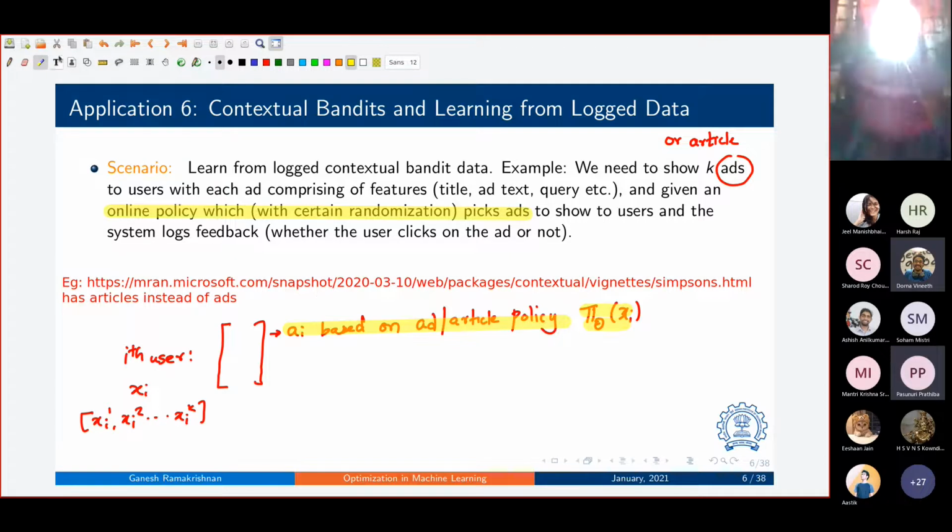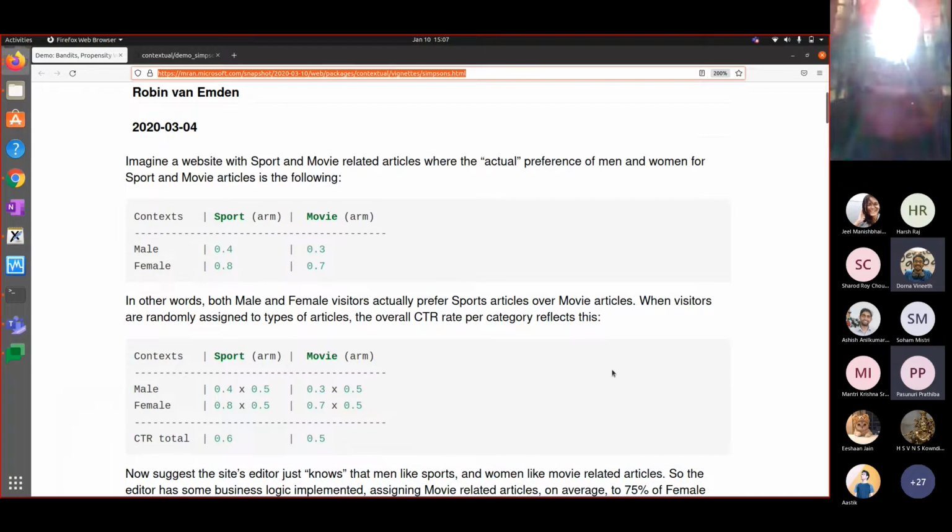The ad itself has been picked based on the featurization. However, the user will now give a reward: user xi is assigning a reward ri.